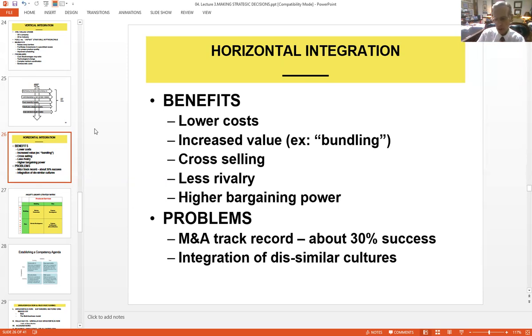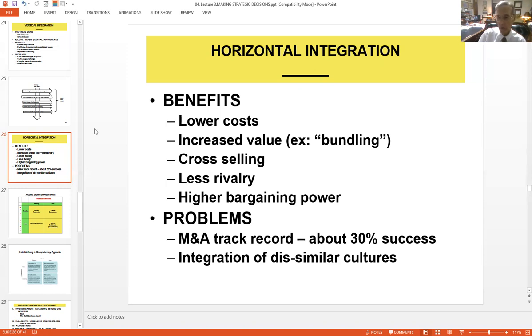So that's cross-selling. As this process goes on over time, needless to say, there are fewer remaining companies, and so rivalry may go down, and therefore the industry's profit may go up.